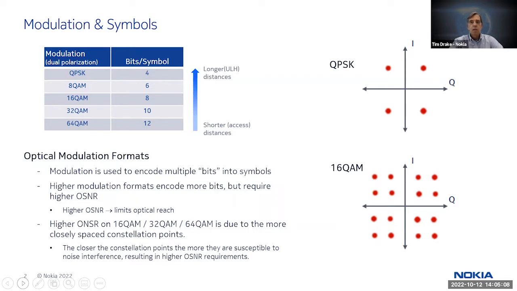So when we look at this, really the more bits you can put onto the fiber, sadly, the bits get closer together. So your optical signal to noise ratio requirement goes higher, and you can only go shorter distances. So really, the fewer bits you put on your fiber, the farther you can go. And that also means that you're going to be generally running at a much lower bit rate.